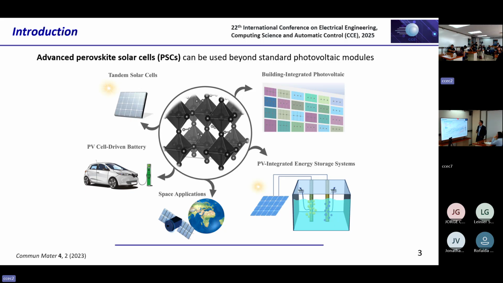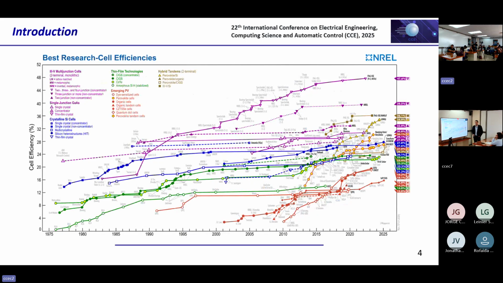And this is the most typical chart of the evolution of the efficiency of the solar cell. All the types of solar cell are included here. And we have here, though you cannot see it because it's a little bit small, the perovskite solar cells.